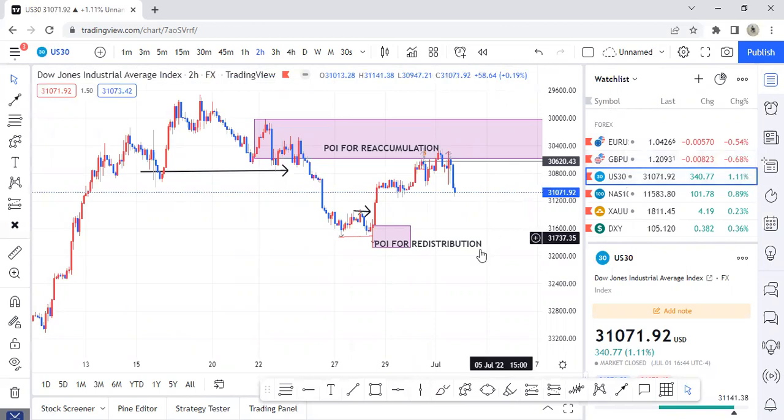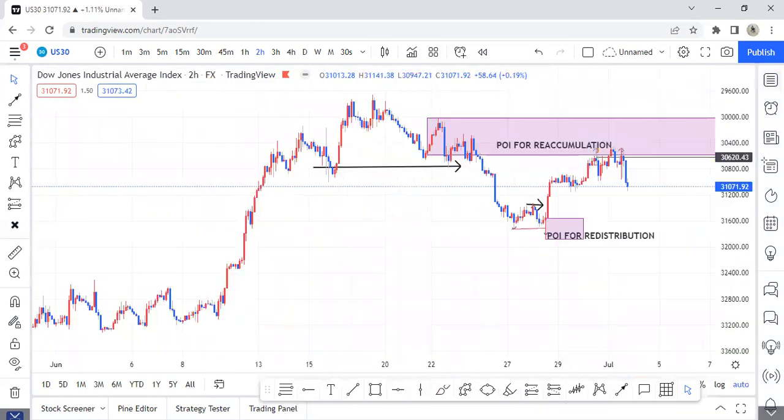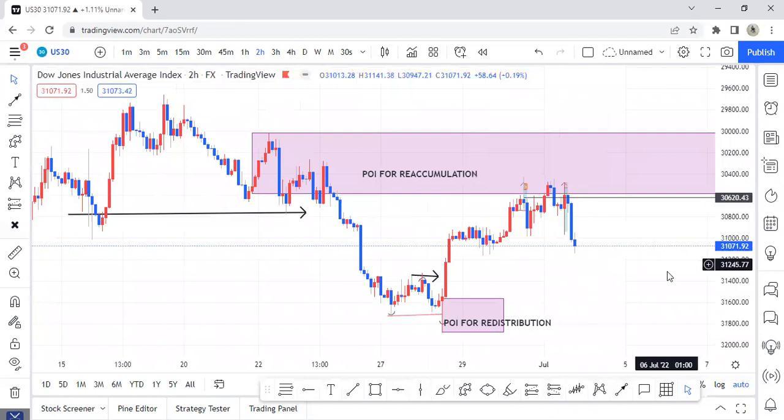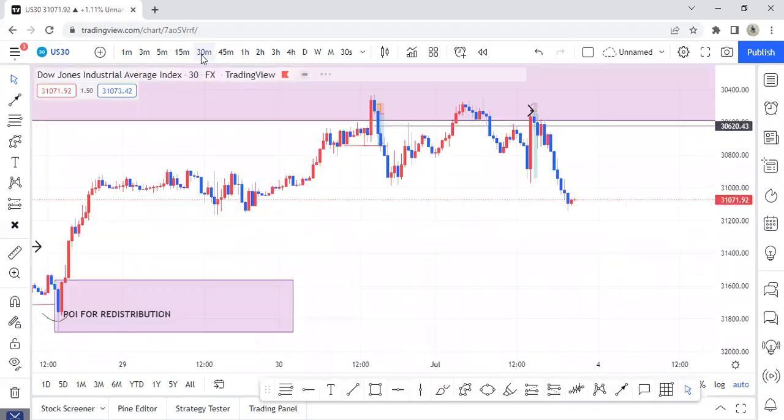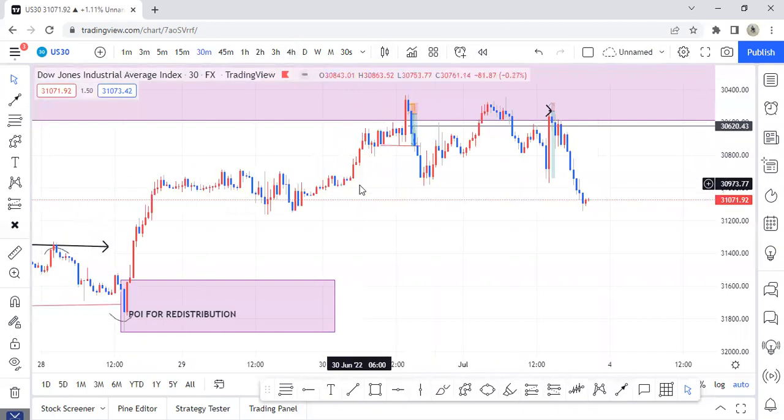Right, so this is a US 30. All right, give me a moment. Let me go to the smaller time frame to see if, oh my, has it taken away all I was looking at? All right, so give me a moment. Let me kind of get where I was.